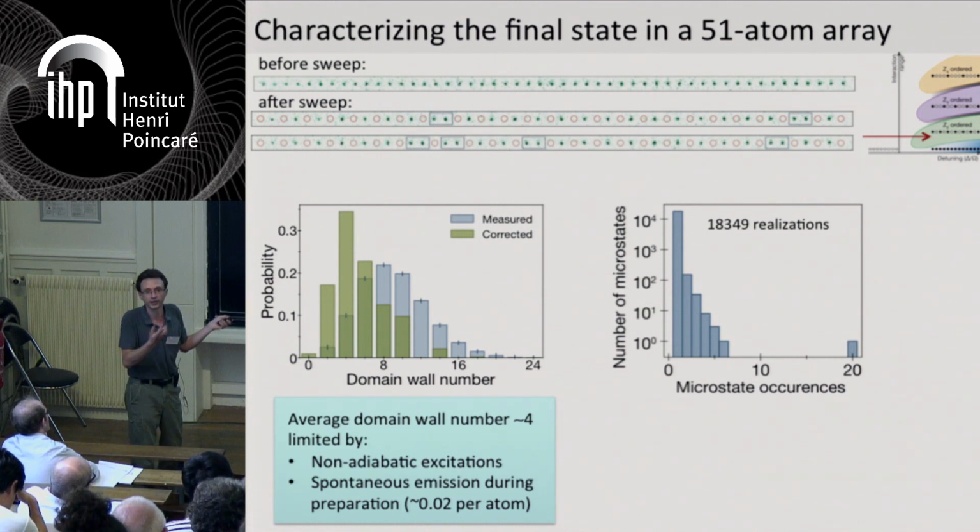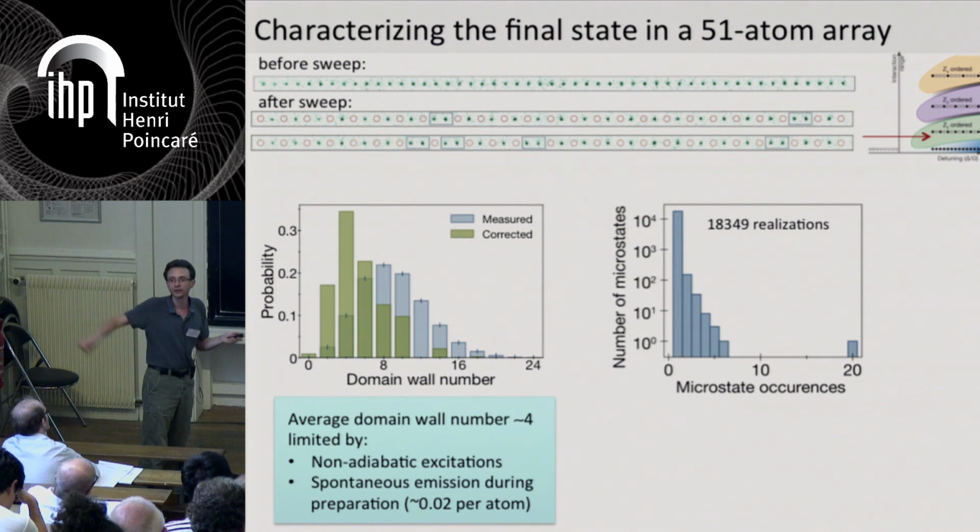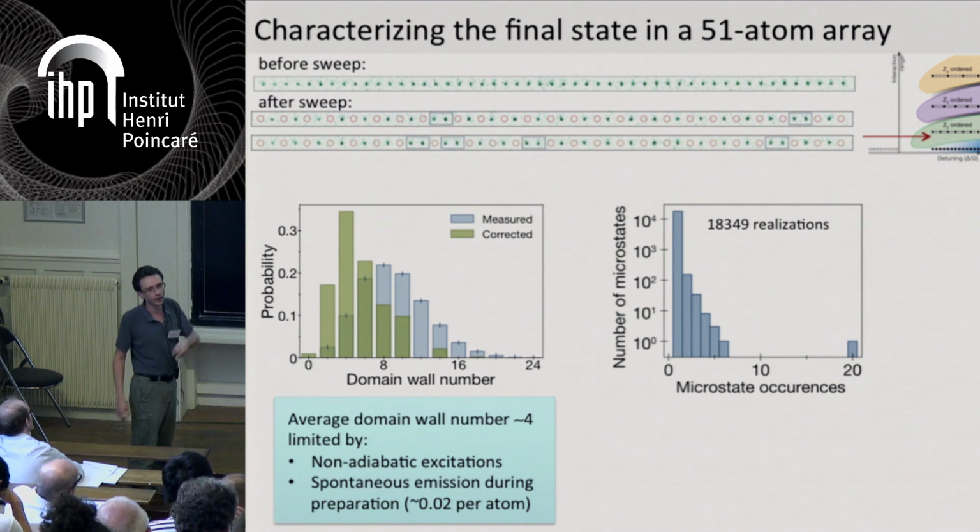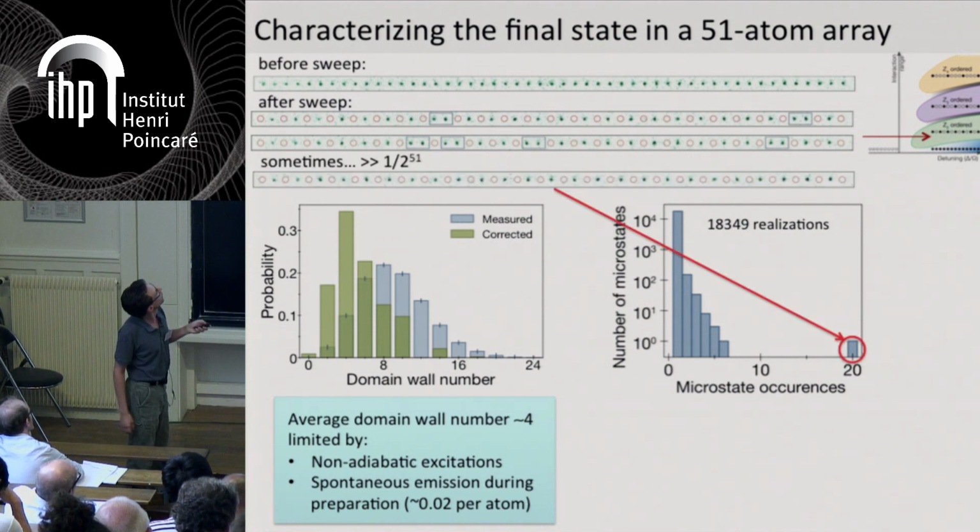And if you plot the data in this way, you see that there is 1 microstate that stands out from the others as being observed 20 times out of 18,000. And this microstate is the perfect antiferromagnetic chain.